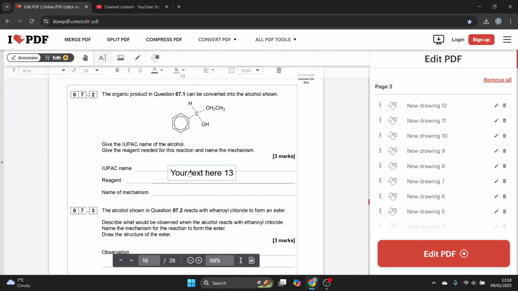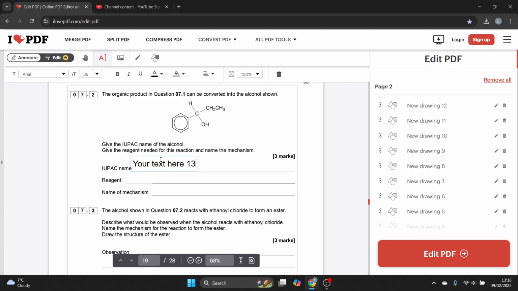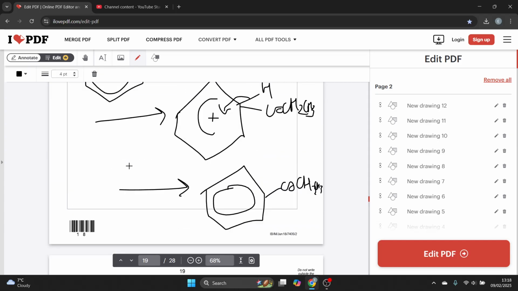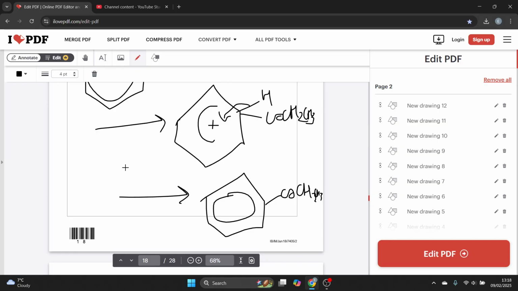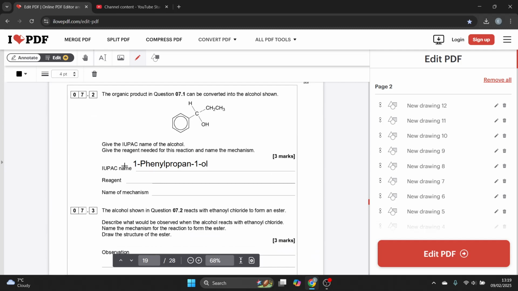Give the IUPAC name of the alcohol. So it's going to be 1-phenyl propan-2-ol. Wait, is it 2-ol? No, it's 1-ol. 1-phenyl propan-1-ol. The reagent needed for this reaction: the organic product in question 7.1 can be converted into the alcohol.